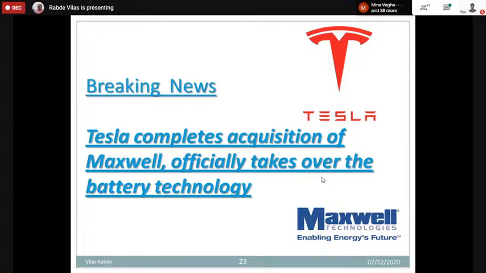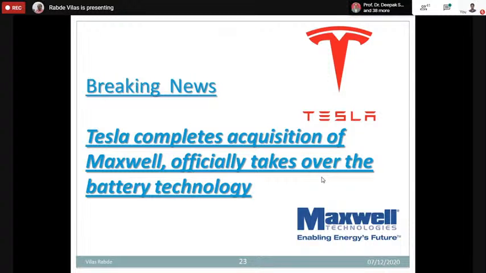If you remember last year, Tesla acquired Maxwell, the largest supercapacitor manufacturer of the US. Rather, Maxwell was a major source for defense. And Tesla, who are pioneers in electric vehicles, have come out with a collaboration, rather acquisition of Maxwell.